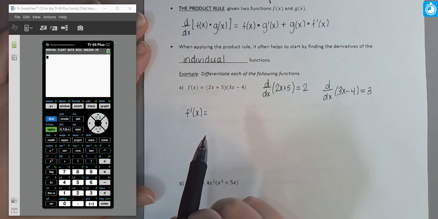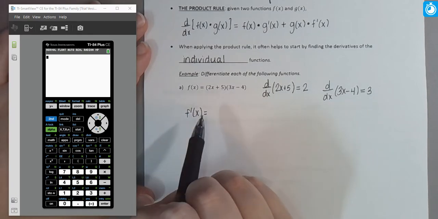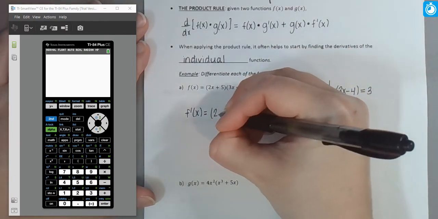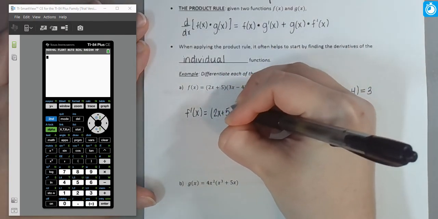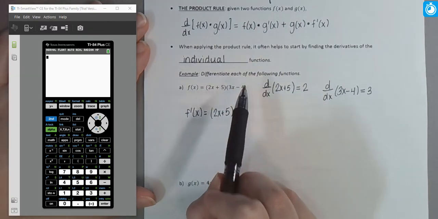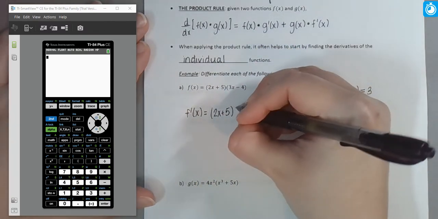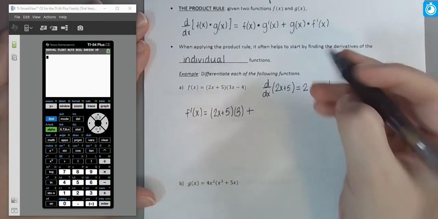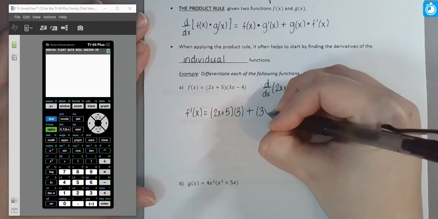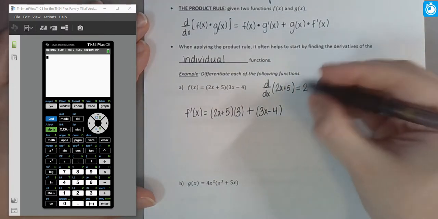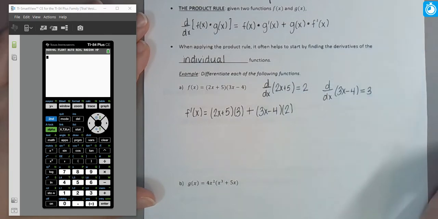In this case, the whole derivative is going to be the first expression, which is 2x plus 5, times the derivative of the second expression. Well, the derivative of that is going to be 3, plus the second expression, which is 3x minus 4, times the derivative of the first expression, which is 2.